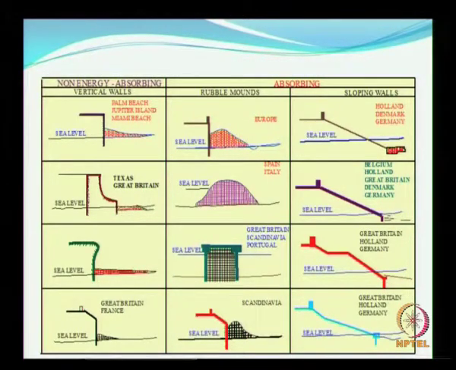On the non-absorbing type sea walls, you can have all impermeable kinds of walls, and the front face can be vertical as you can see here, or it can have a shape like this, or you can have a shape like this, or you can have a slope.